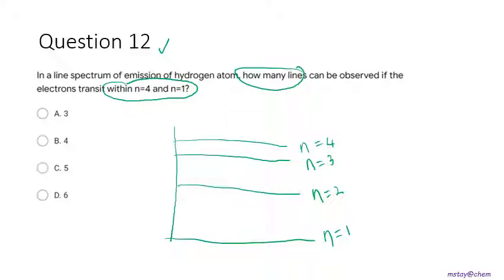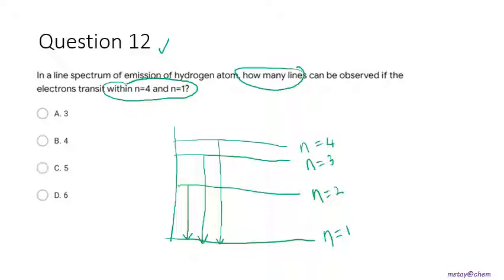For the Lyman series, we can have 2 to 1, 3 to 1, and also 4 to 1. So there are 3 lines that can be formed for the Lyman series.